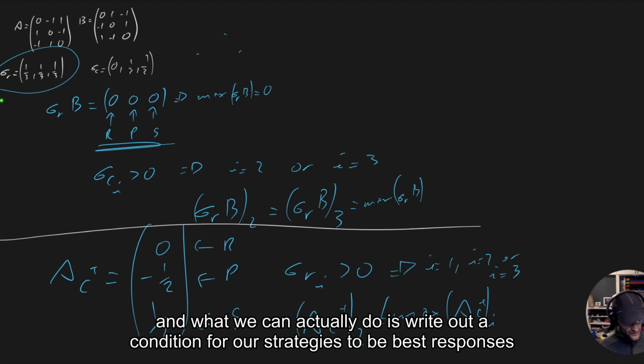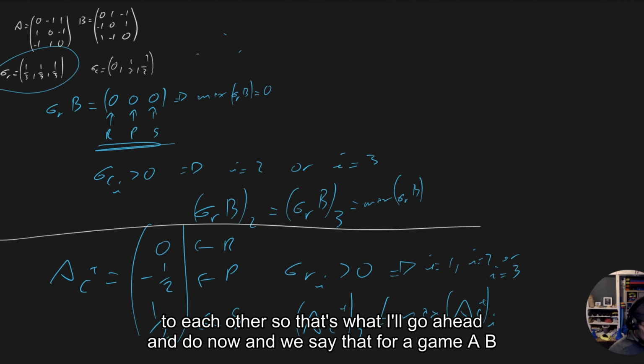And what we can actually do is write out a condition for our strategies to be best responses to each other. And so that's what I'll go ahead and do now.